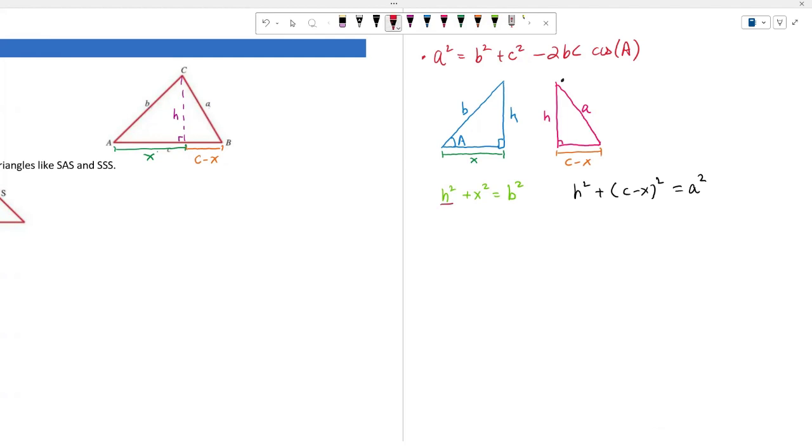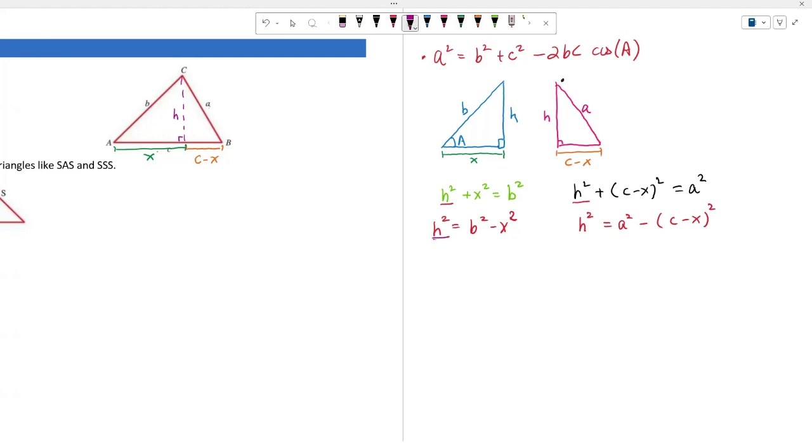Now they both have h squared, so why don't we solve for h squared? I have h squared equal to b squared minus x squared, and h squared equal to a squared minus c minus x squared.